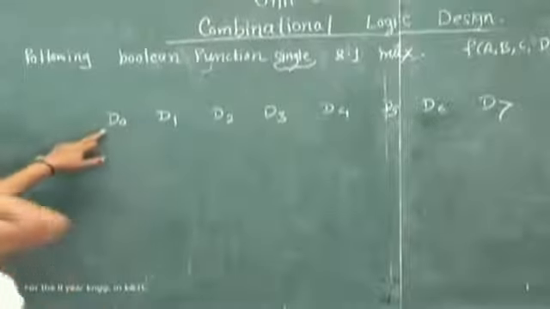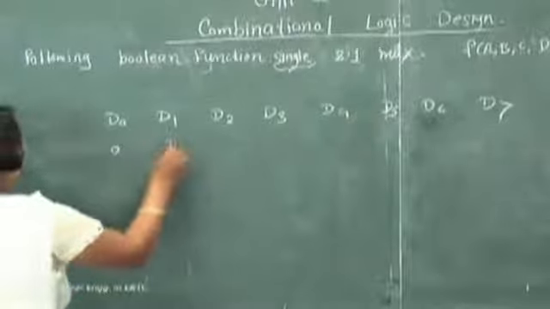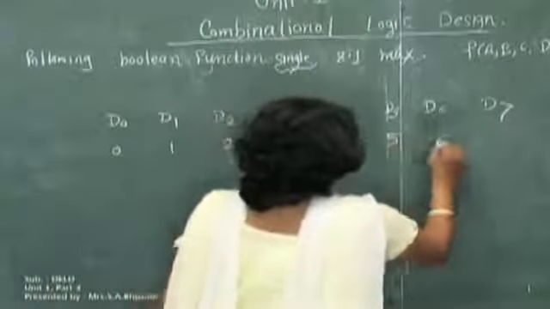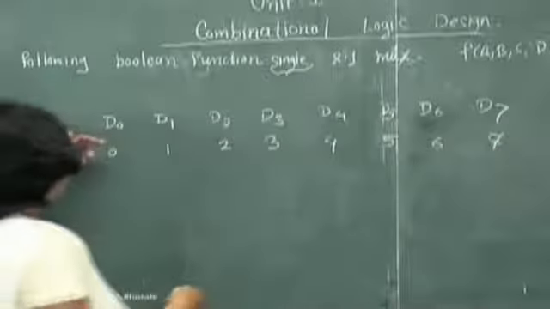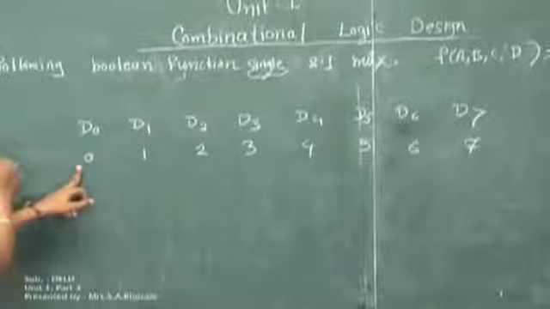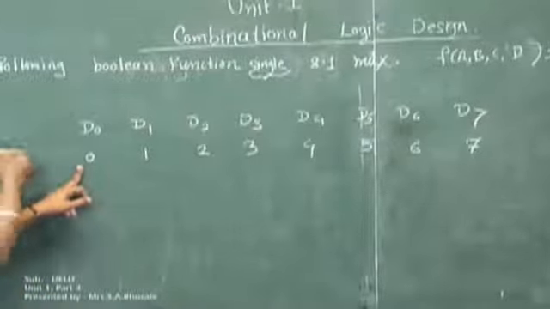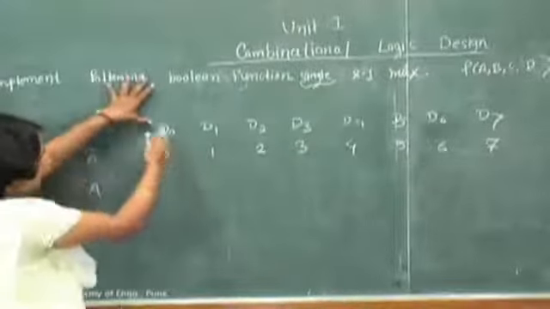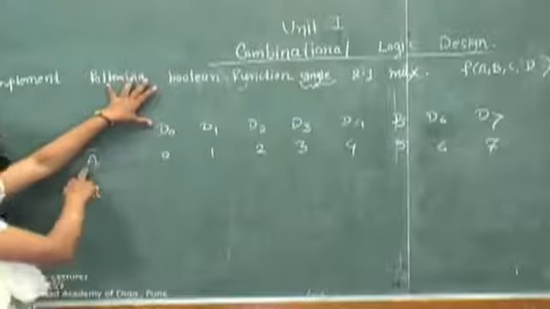So I can write this line like this: 0, 1, 2, 3, 4, 5, 6, 7. Now see, if I take the external input A here, which has two cases, A bar and A, this D0 line should be multiplexed for A bar as well as A.